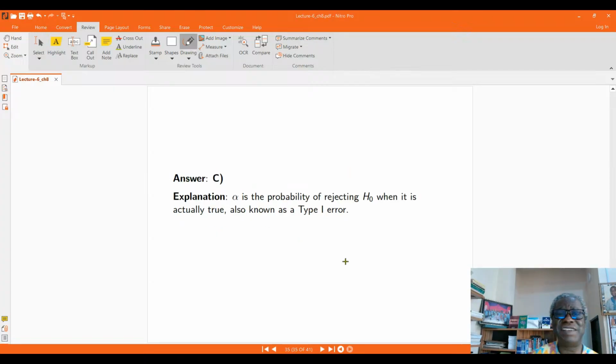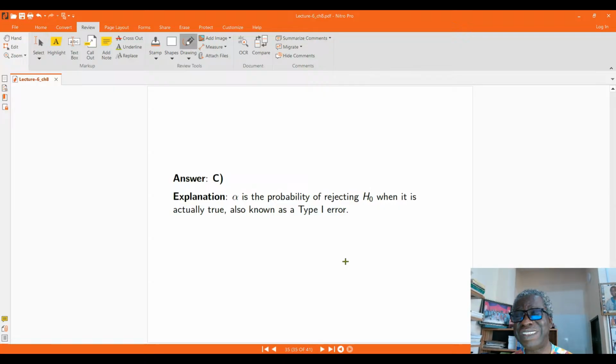So the correct answer is C. Alpha is the probability of rejecting the null when it is actually true, also known as type 1 error. You must always choose your alpha before you even collect the data, so it is the second thing after formulating the hypothesis.